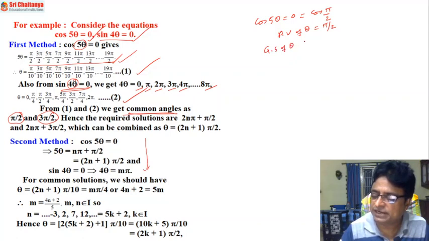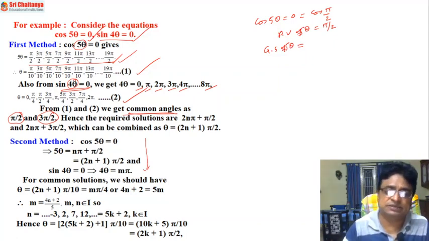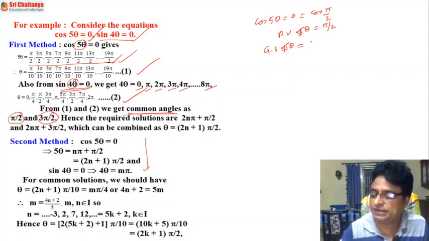GS of theta, as per the definition, not GS of theta here, 5 theta is there. GS of 5 theta, please, this is an important point. Don't write it PV of theta or directly GS of theta. GS of 5 theta first you write. That is 2n pi plus or minus pi by 2 as per the definition.